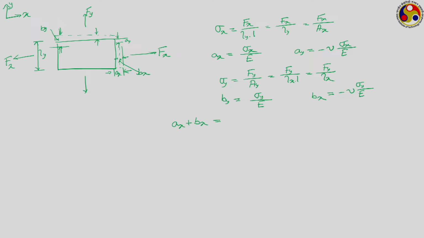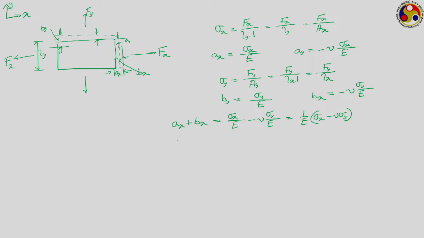So, net change corresponding to A x, our net change was sigma x upon E, and corresponding to B x, net change is minus nu into sigma y upon E, that is 1 upon E into sigma x minus nu into sigma y. So, this is the net change in length in the x direction.